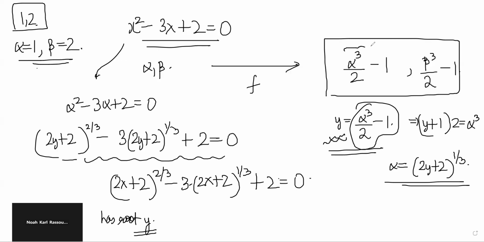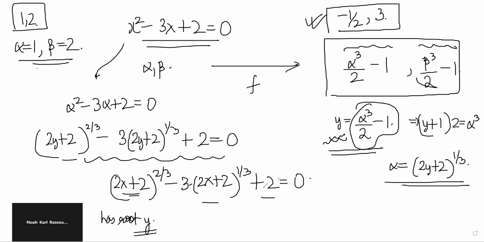So what are the new roots here? New roots are 1 cube by 2 minus 1, so minus half. And the other root is 2 cube by 2, so 4 minus 1, so 3, right? This is the new equation. The new equation should have these roots, right? Now you can put minus half in it and see if it's satisfying or not, right?